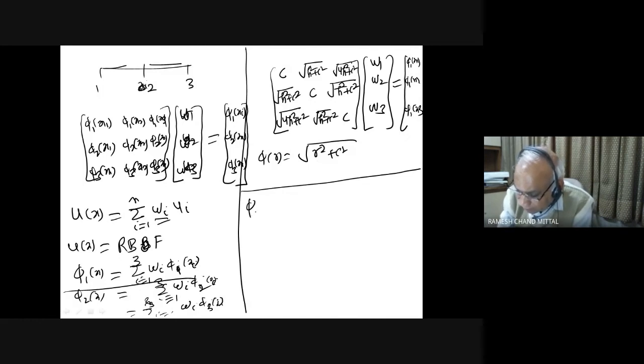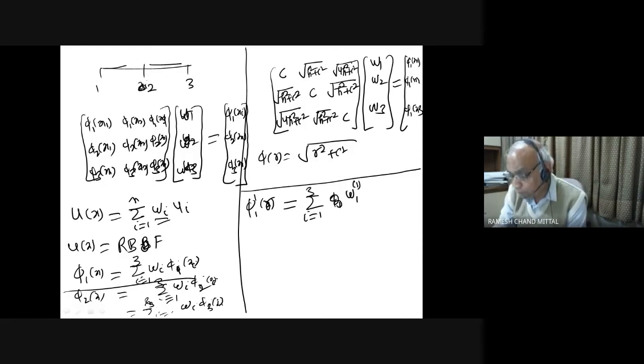That is, phi 1 prime x will be written in terms of the sum over i from 1 to 3 of w_i1, because this is for the first derivative, times phi 1 x_i. This is what one equation will be.